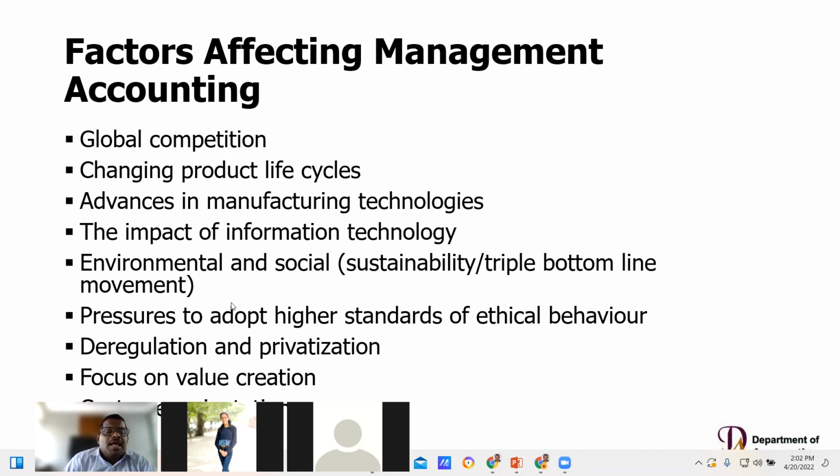Sustainability, triple bottom line movements. Pressure to adopt higher standards of ethical behavior. The society is influencing. Now in the country, people realize that stolen money and corruption, this corrupted society, they have realized now.